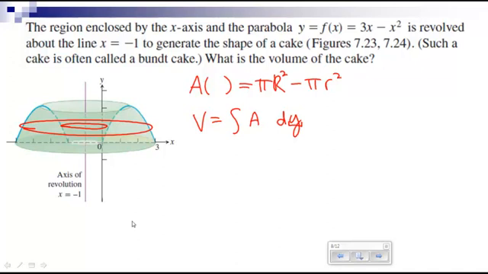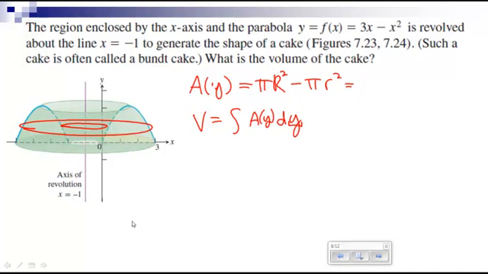That also means my area has to be written as a function of y. For some given y, what is the cross-sectional area of that bundt cake?